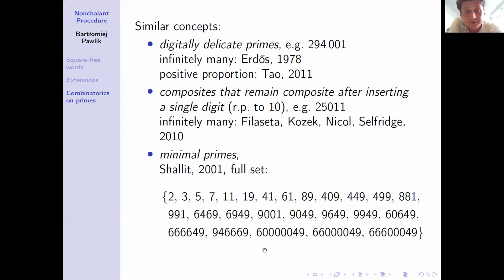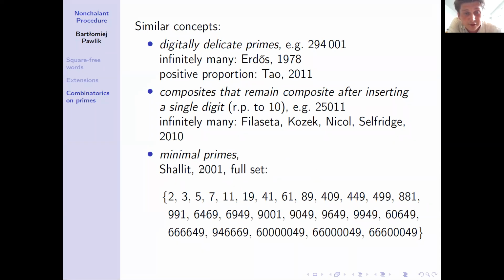And a similar concept is the minimal primes by Jeffrey Shallit, namely, if we take any prime and we remove some of its digits, then sometimes we get a prime as well. And the set of all primes that can be obtained by removing some digits of a given prime has a minimal element.